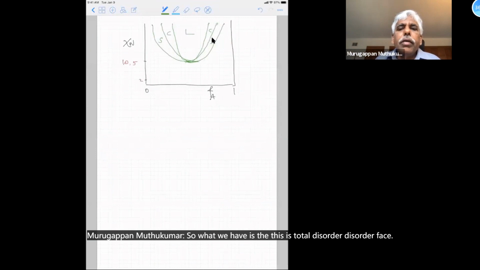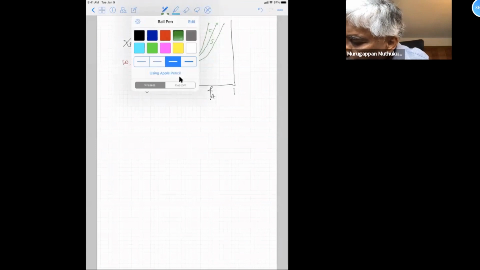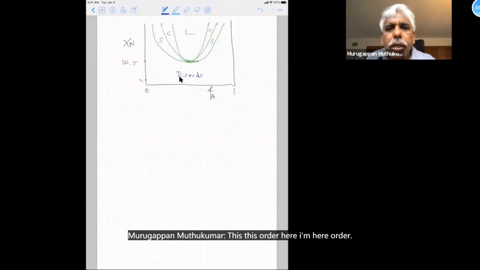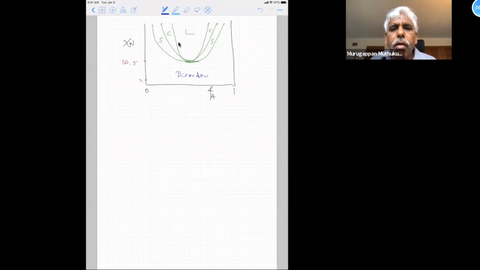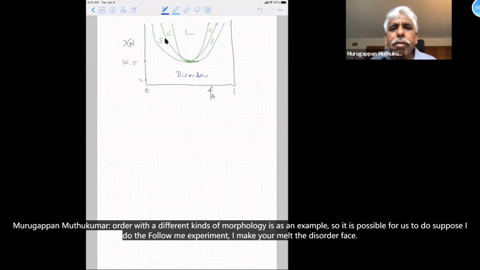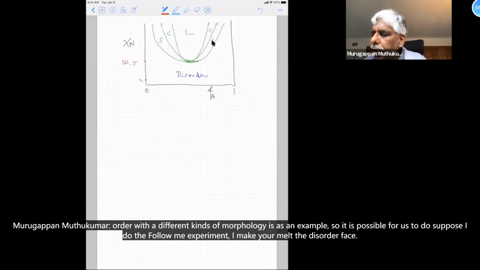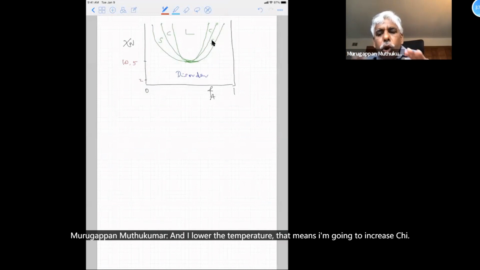So what we have is, this is total disorder. This is the disordered phase. This is disorder here, and here order, order with different kinds of morphologies. So suppose I do the following experiment. I make a melt in the disordered phase, and I lower the temperature.